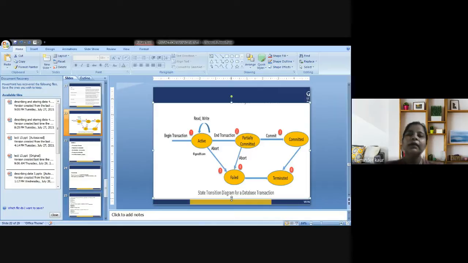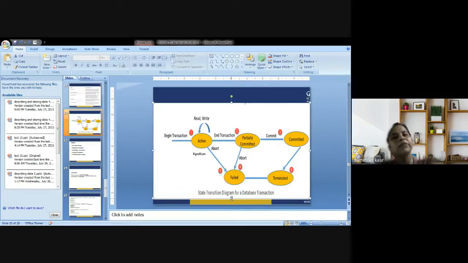Next, the system could be in the active state, and from there it could go to the failed state, and the partially committed state could also lead to the abort state. That is, if the operations associated with the partially committed state can no longer proceed, then it will lead into the aborting state.